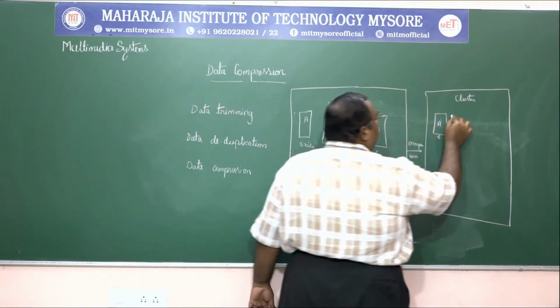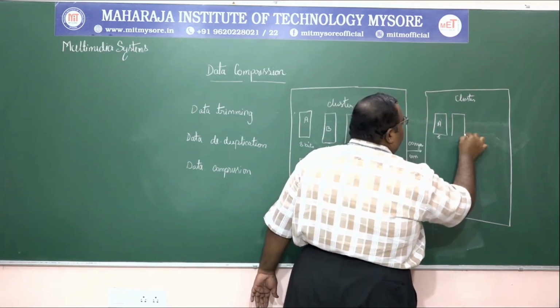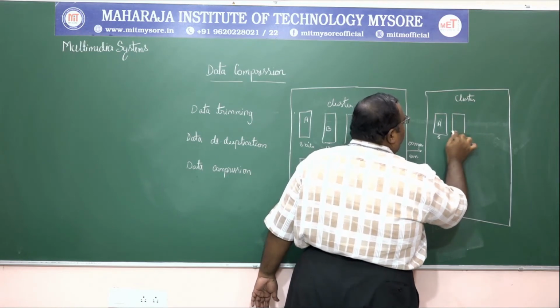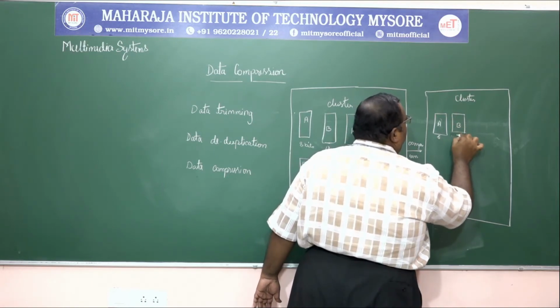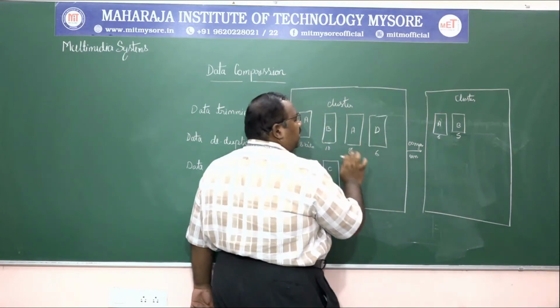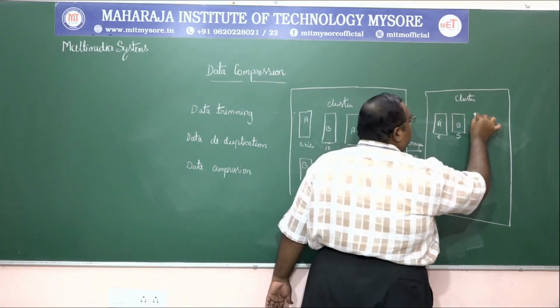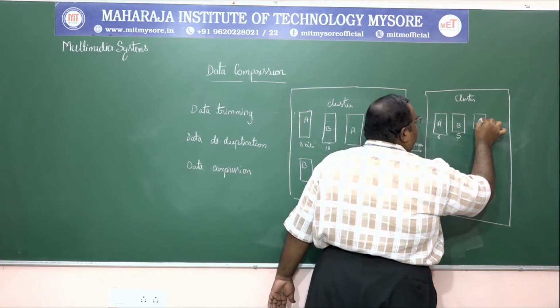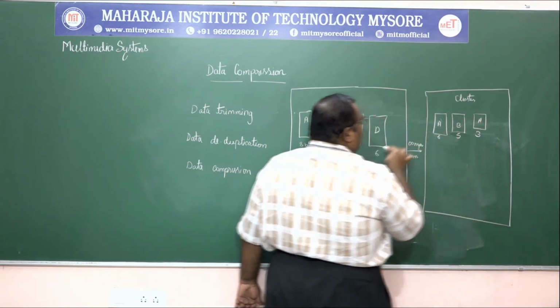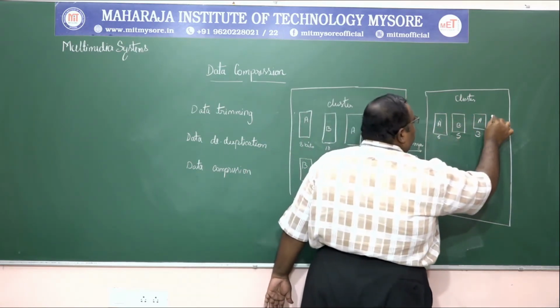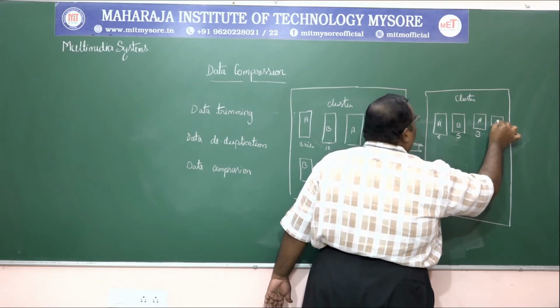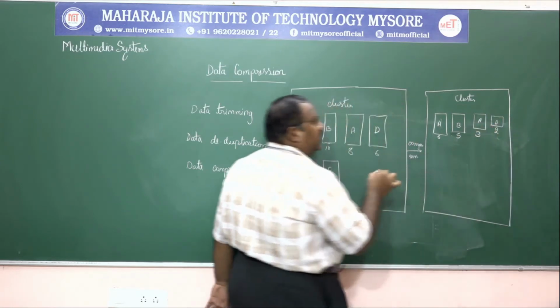Here the file B using 10 might have been reduced to only 5 bits. Again A, which was using 8, might have reduced to only 3. Again D, which was using 6, might have reduced to 2 bits of information.